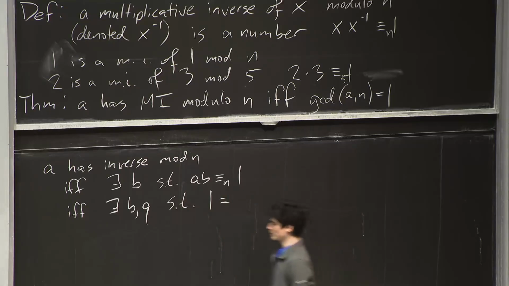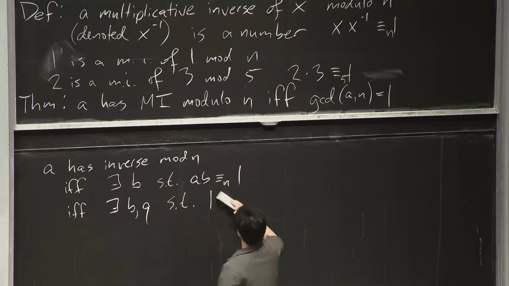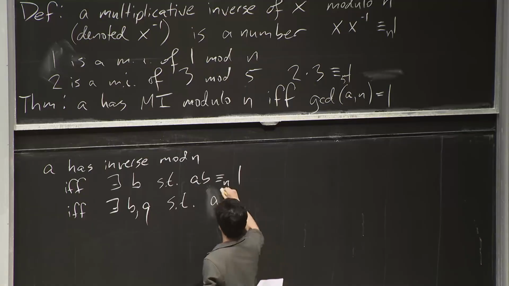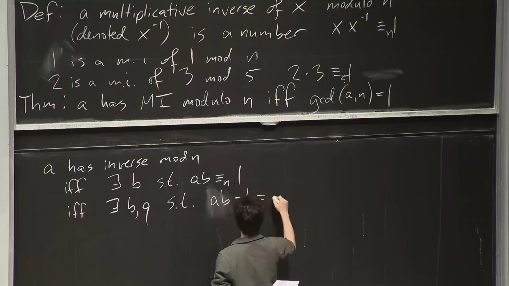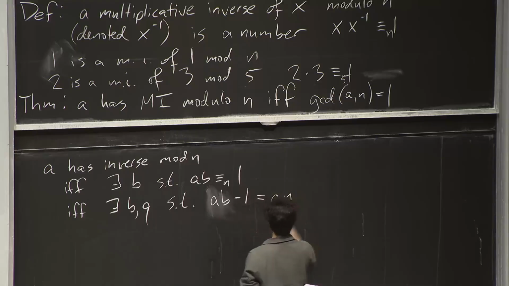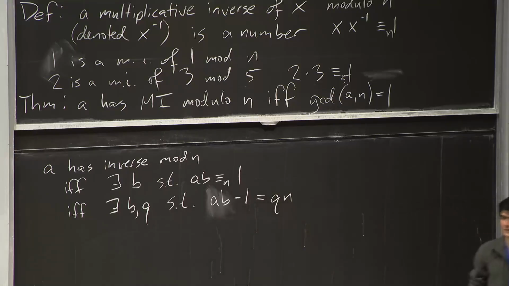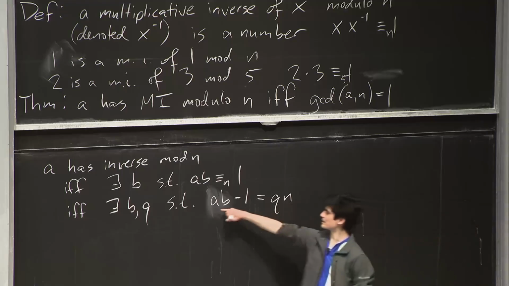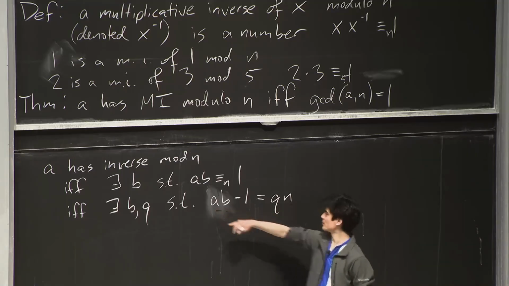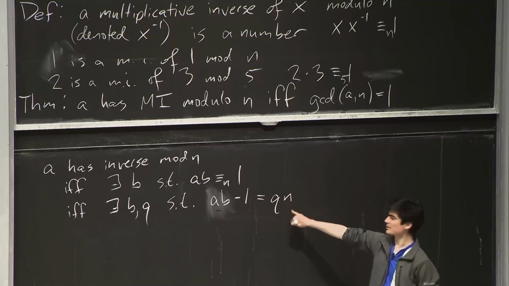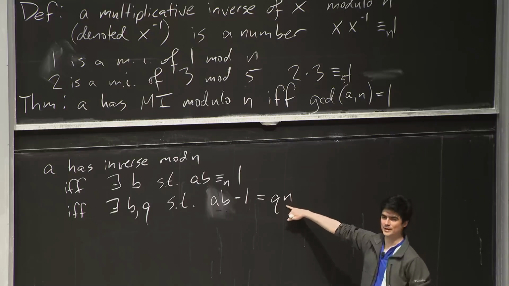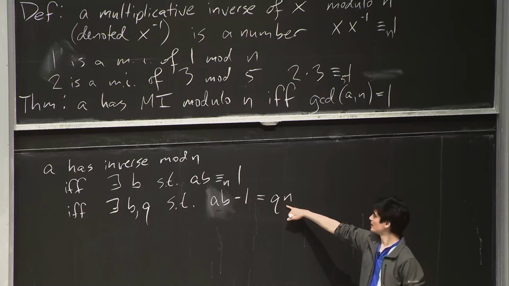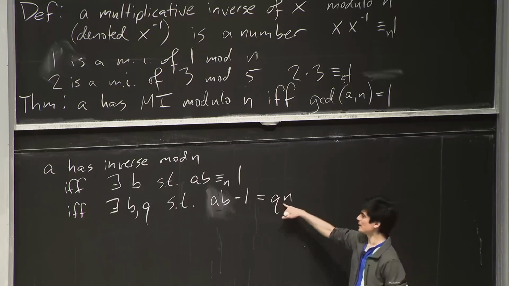So, why don't I write this as AB minus 1. Right, so we're saying that n divides AB minus 1. We're looking at what that division actually looks like, what the factor of n is. So there's some q such that qn is AB minus 1.